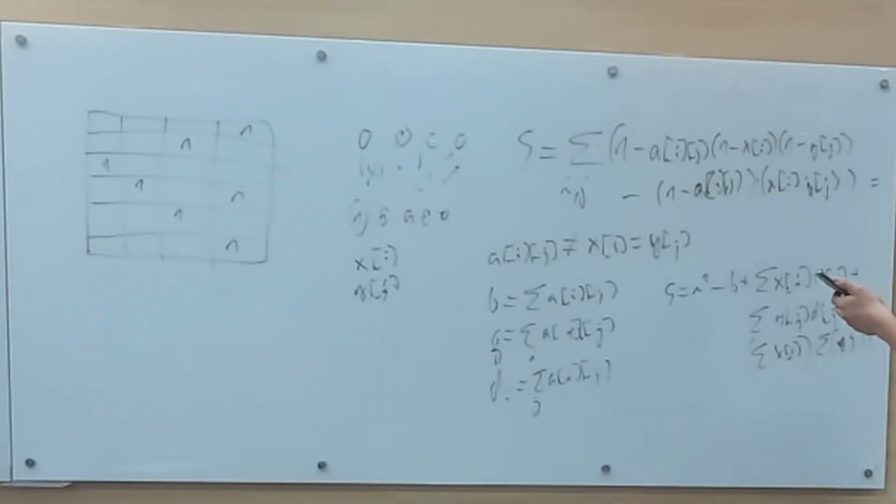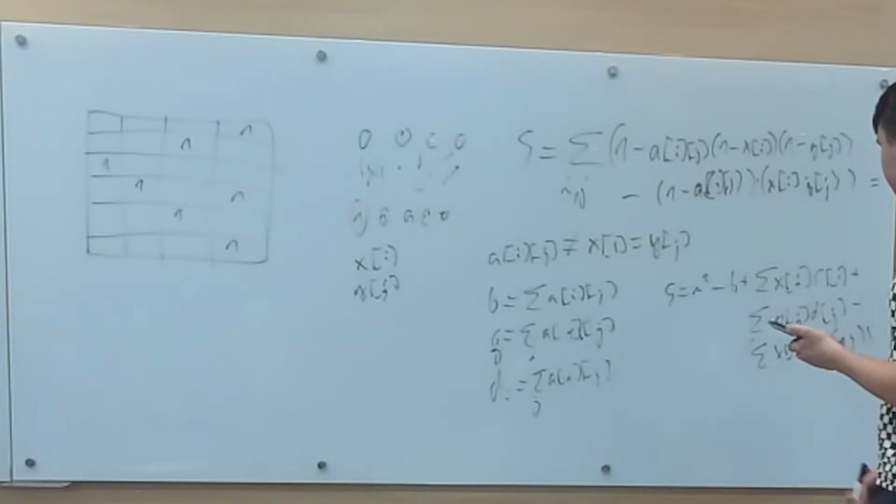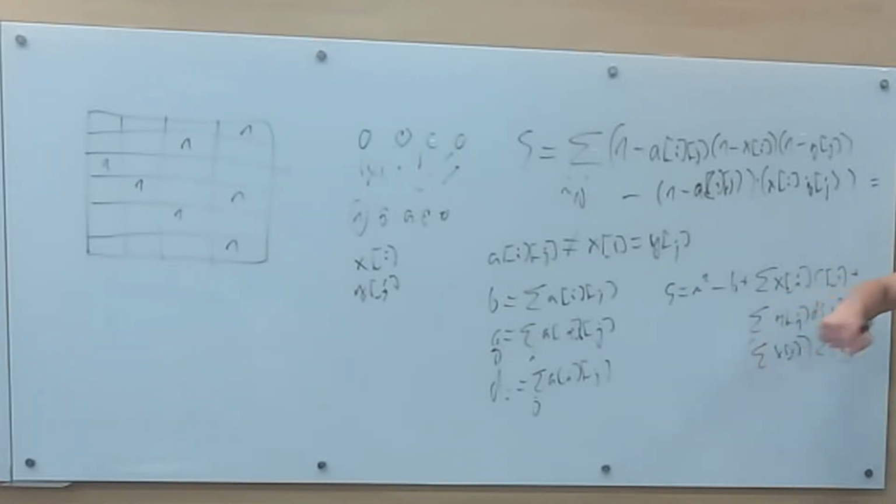So what we can see from this formula is that we can imagine that both rows and columns are sorted such that the number of ones in columns is decreasing, and the number of ones in rows is also decreasing. Right? We can do that by swaps.